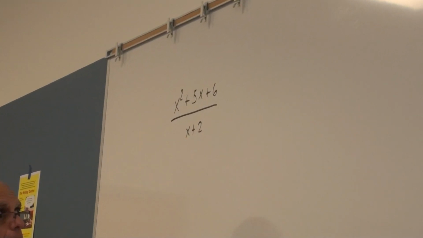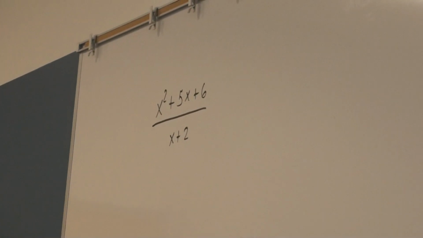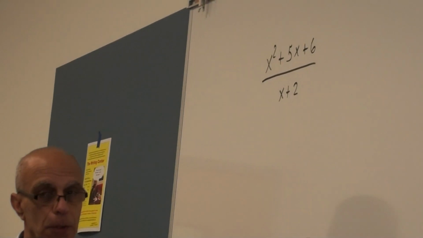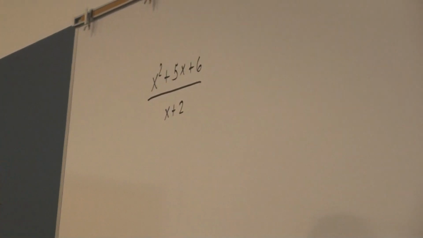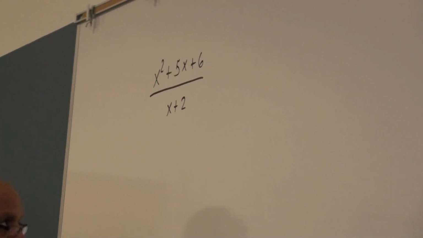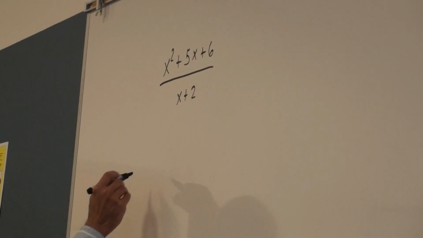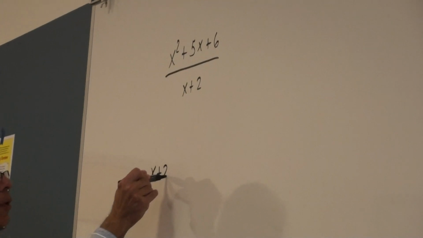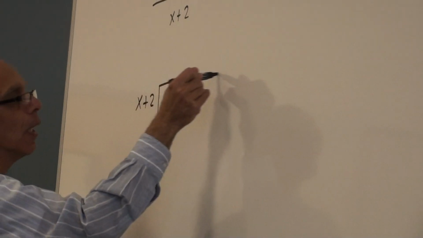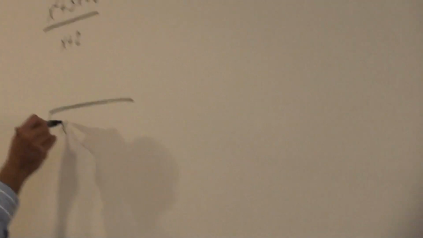So first, I'm going to show you how to do the long division, and then we work with the synthetic division, okay? So the setup is you put the denominator here, x plus 2, and the numerator you put it here, okay?